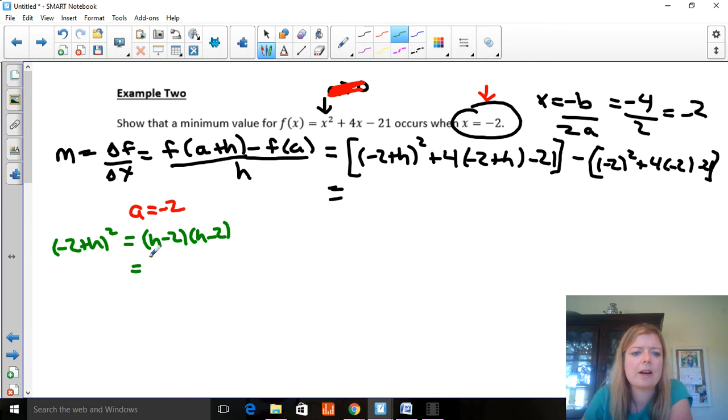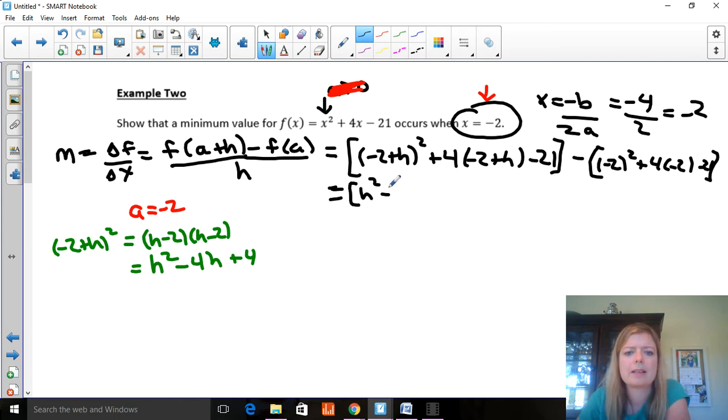You get h squared minus 2h minus another 2h, so minus 4h plus 4. I just changed the order from -2 plus h to h minus 2 and squared it. So in our first bracket, we get h squared minus 4h plus 4. That is that expanded.